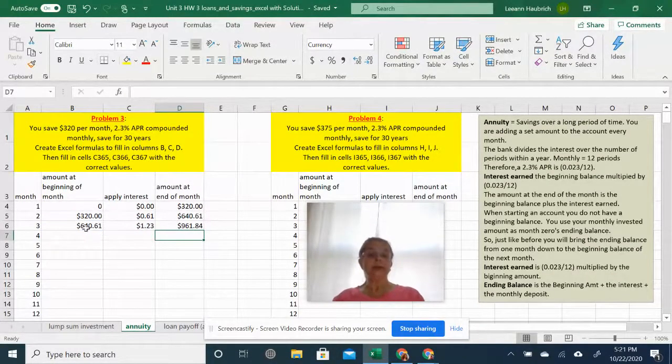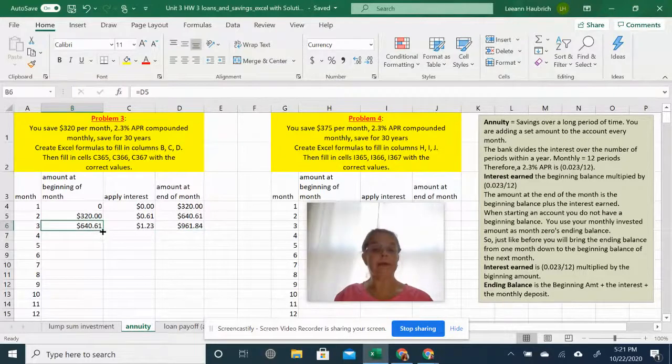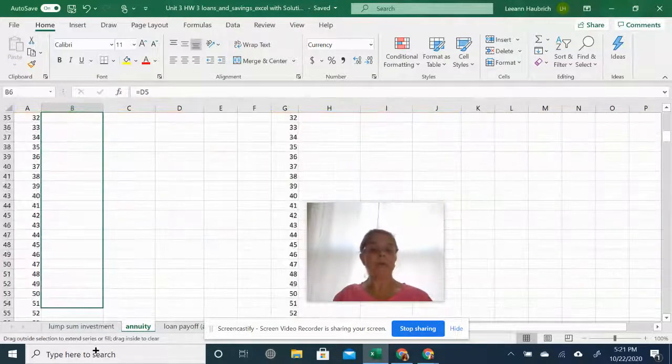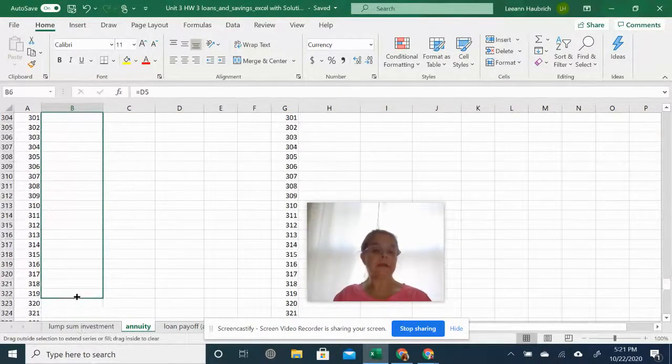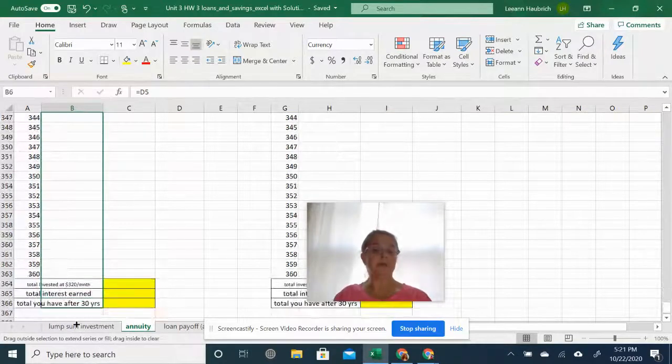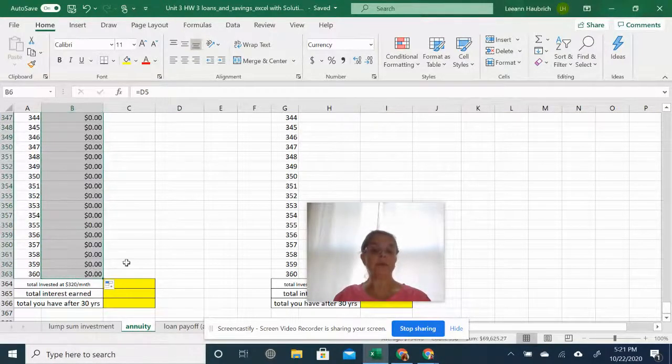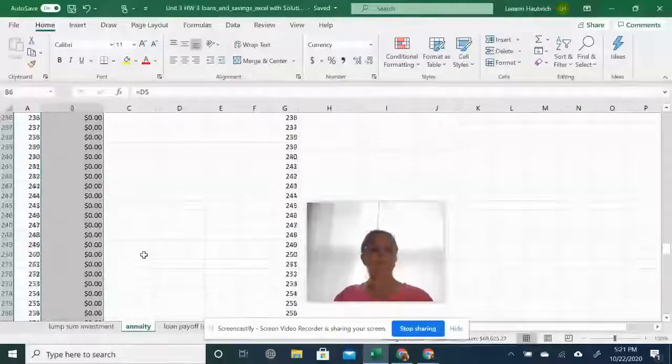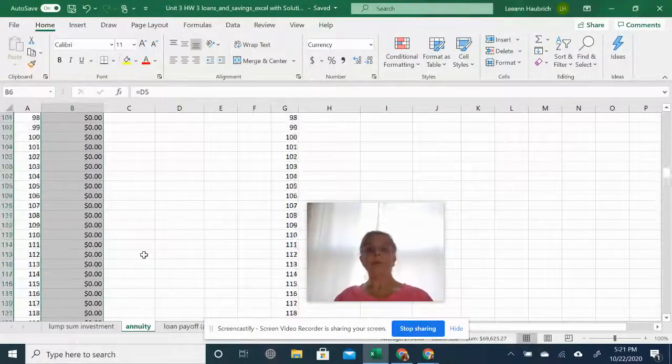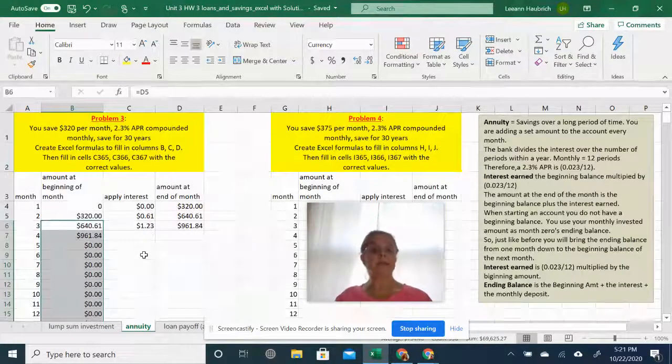And once you have a couple of rows filled in, Excel will recognize that there is a pattern, a relationship from one column to the next, from one row to the next. So I can click in here, find the corner, and go all the way down to 360 months, because again, this was a 30-year annuity. If I read the question all the way to you, we would have seen that.